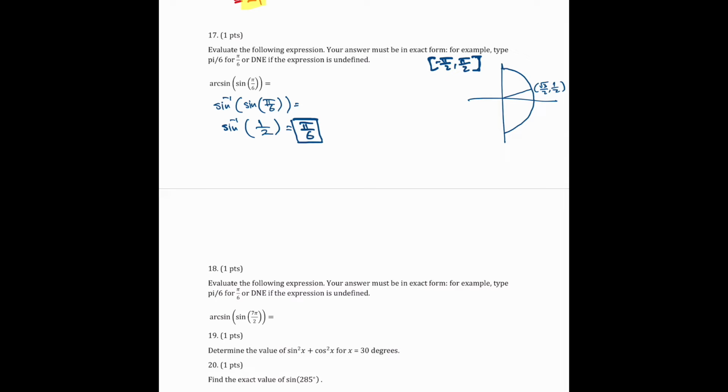That is the final answer. The angle theta that gives you a sine that is equivalent to 1/2. So theta or x or whatever is equal to pi over 6. And we're going to stop because pi over 6 happens to be in the first quadrant, so we're good.